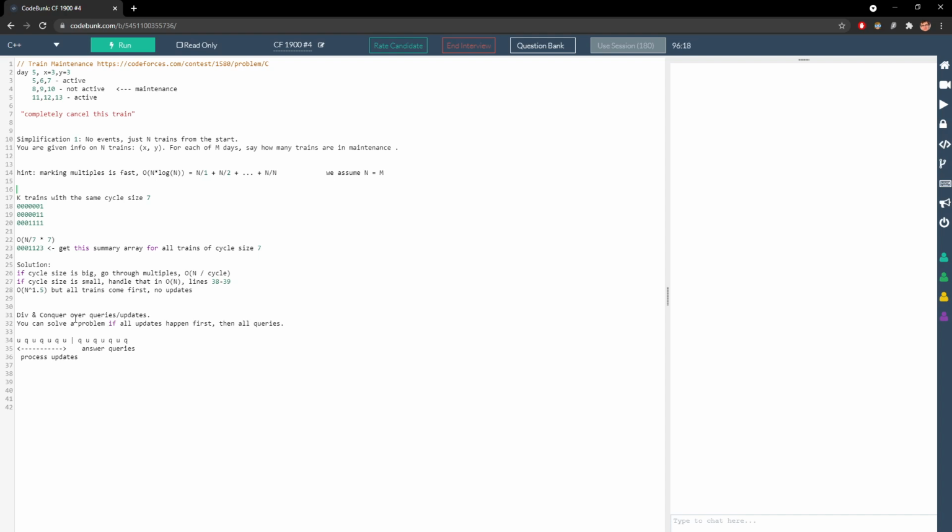Okay. And this is what I tried yesterday during the contest first. I thought that we will need to do that. Sad thing was that still I wasn't able to solve it. Because even if all the updates are first, our solution from above doesn't really work because line 23 isn't that regular.